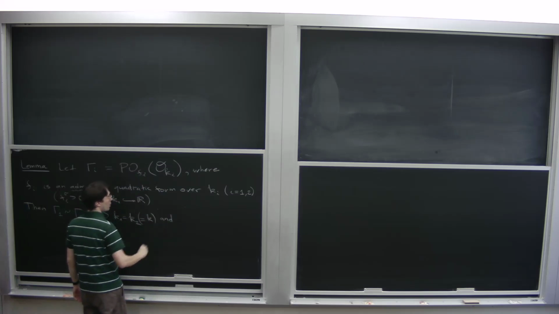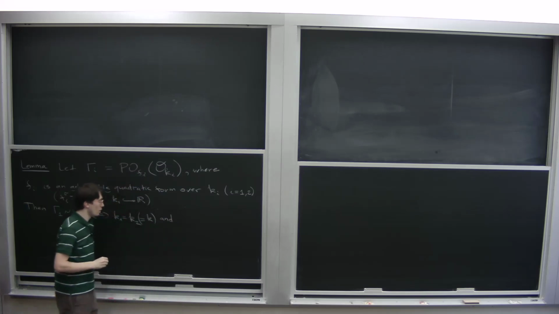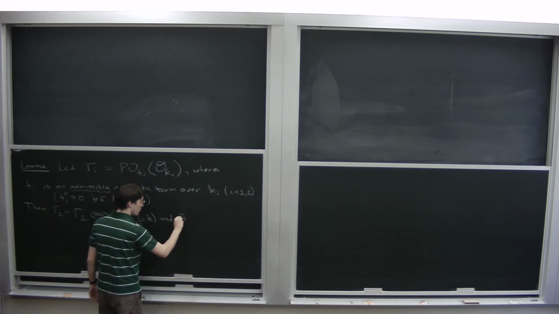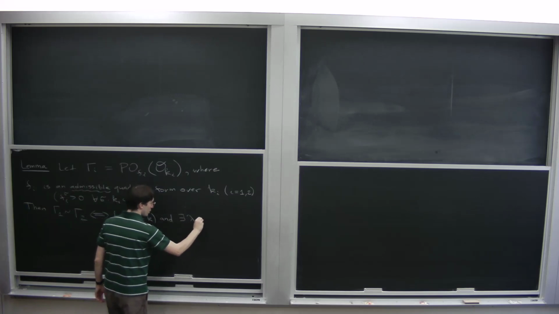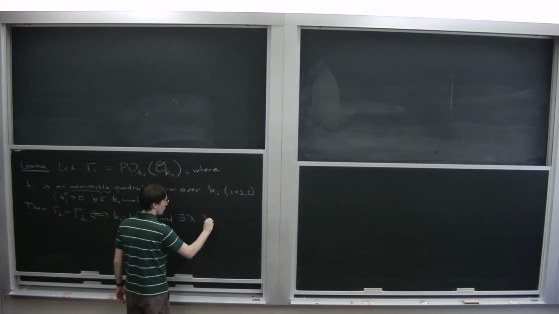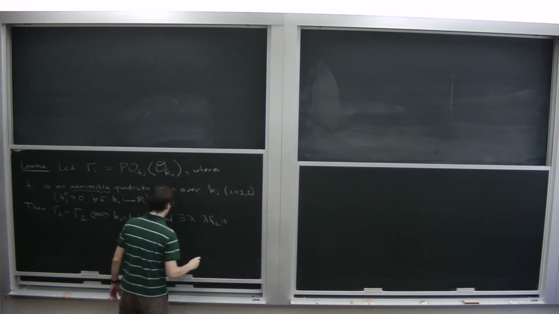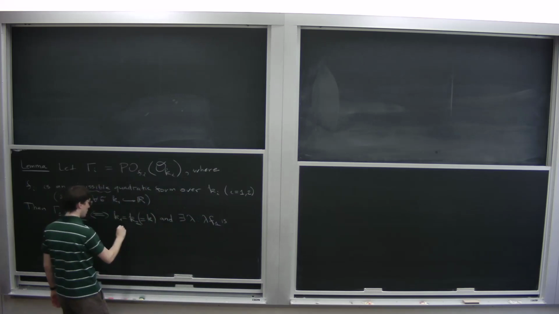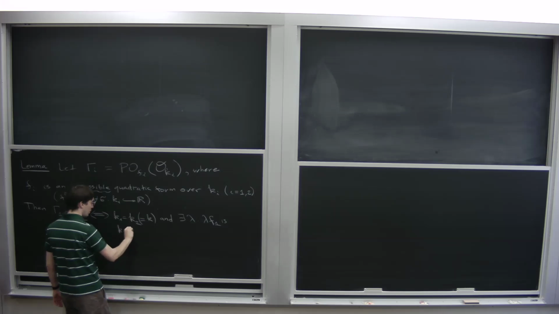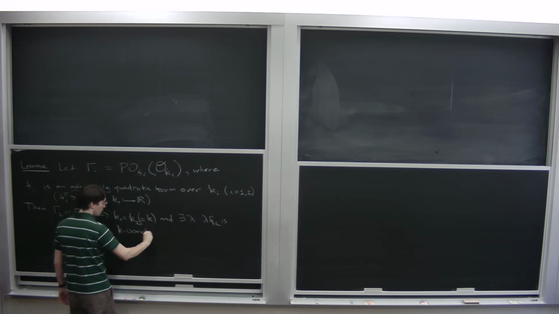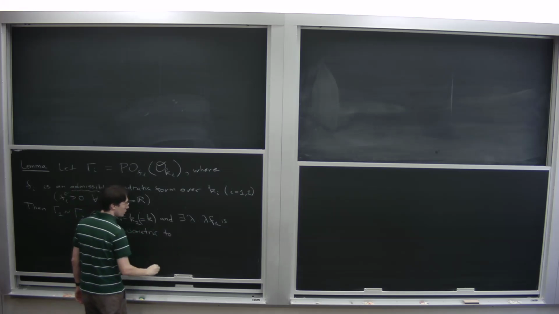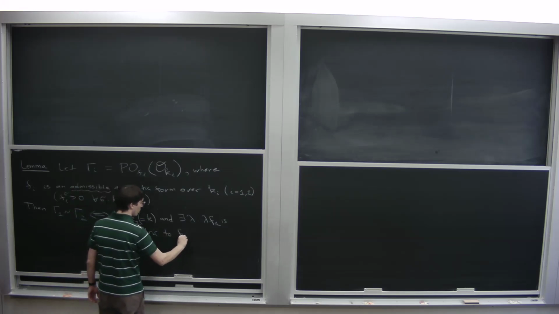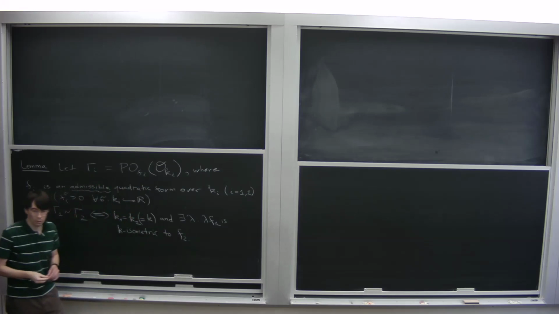And F1, and there is some lambda such that lambda F1 is K isometric to the quadratic form F2, right?